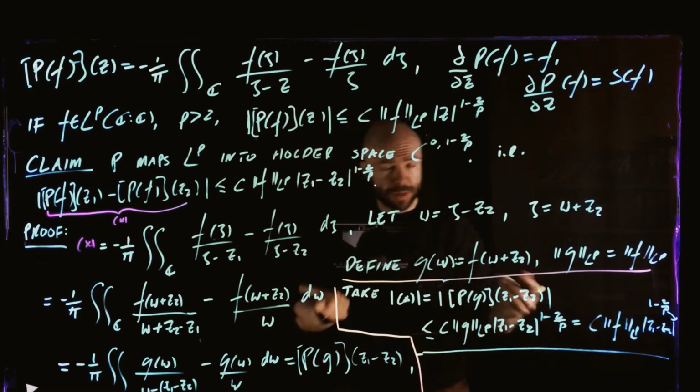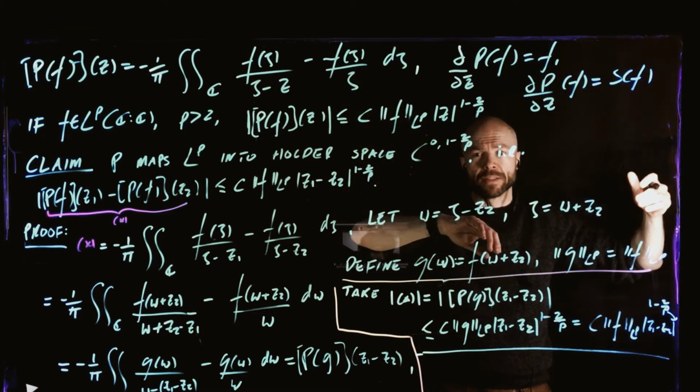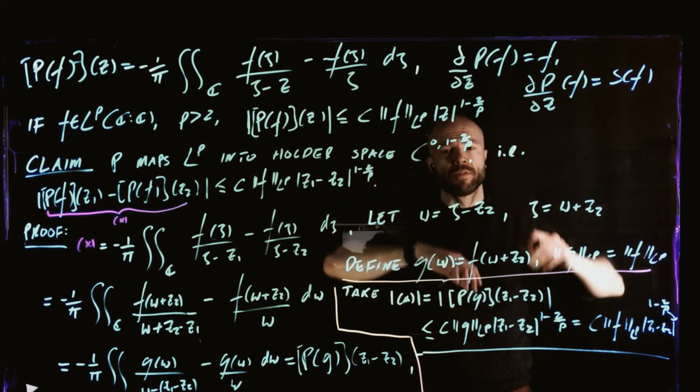And weak derivatives, we've talked about this already, is when we test with test functions and we can integrate by parts. But these are complex valued functions. There's Wirtinger derivatives.